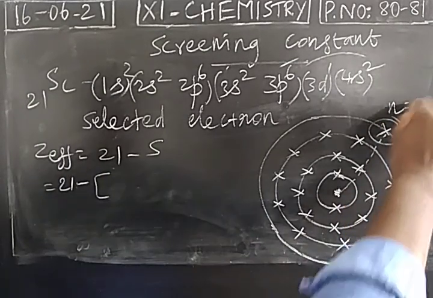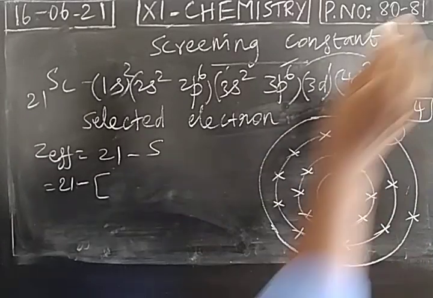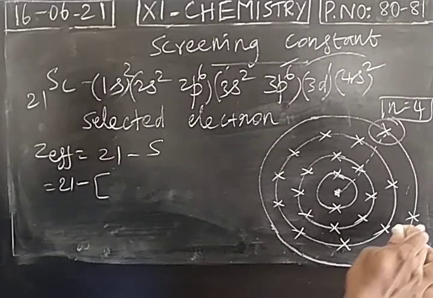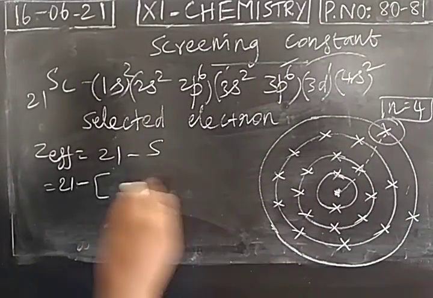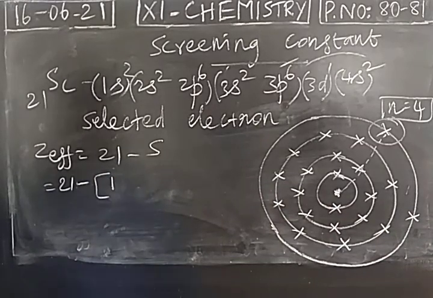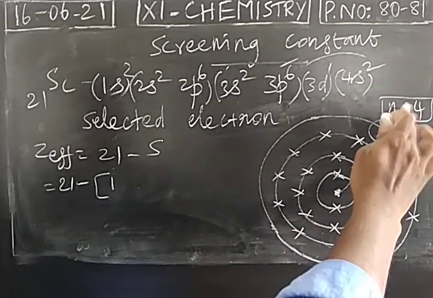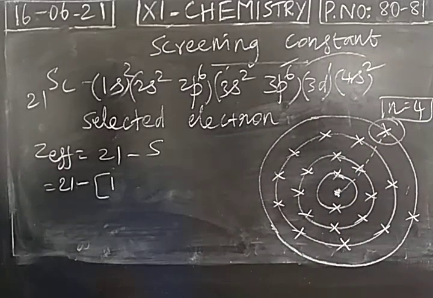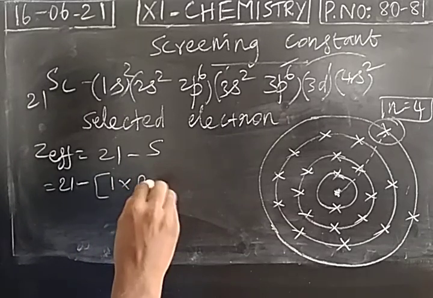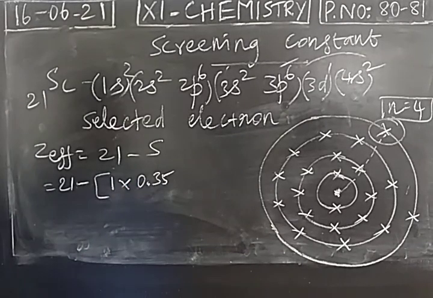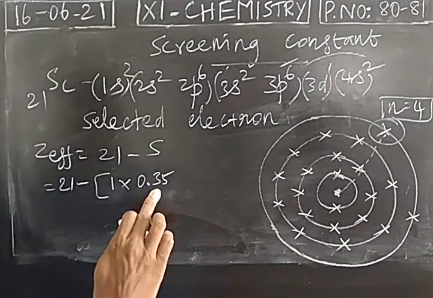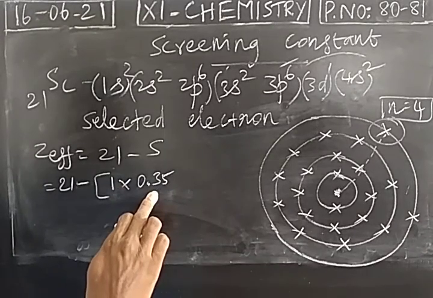N value is 4. Remaining electron in the nth cell is 1. I am selecting s electron. In the nth cell, fourth cell, I have one more electron and it is contributing 0.35 towards the screening constant. According to Slater's rule, electron in the nth cell will contribute 0.35.